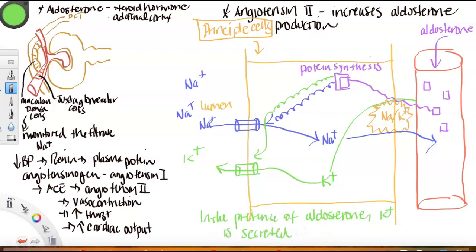So we lose potassium to reabsorb and retain sodium. But as we retain sodium, water follows and blood volume goes up. Aldosterone almost always works with ADH. Okay, so when ADH is active, aldosterone is usually active as well.